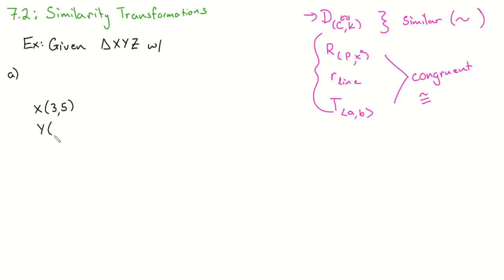Point Y is the point (-1, 4). And Z is (1, 7). So I've given you these coordinates, but because we're going to do the mapping notation, I've just written them down here in preparation for that.